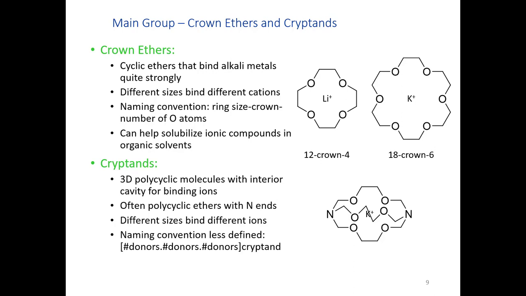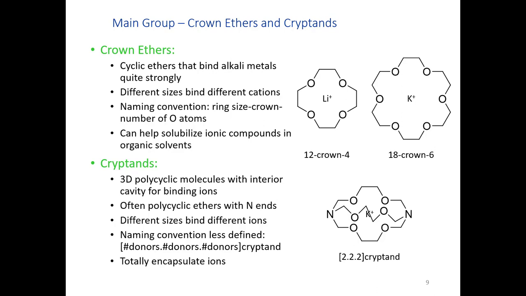Unlike crown ethers, however, cryptands have a variety of naming conventions, just one of which is shown below. Using this convention, the cryptand on the right would be 222 cryptand. Notice that the nitrogen ends are not considered donors, it's just the oxygen moieties.